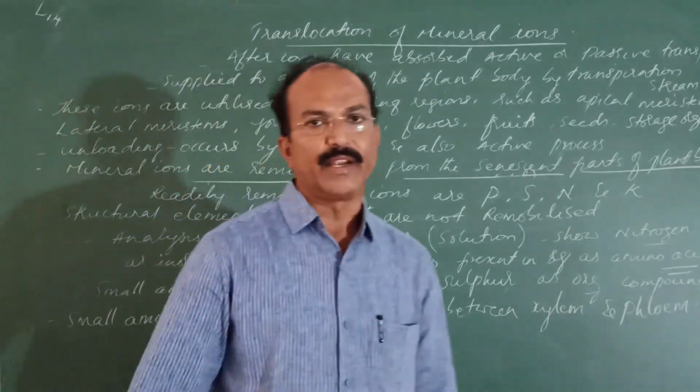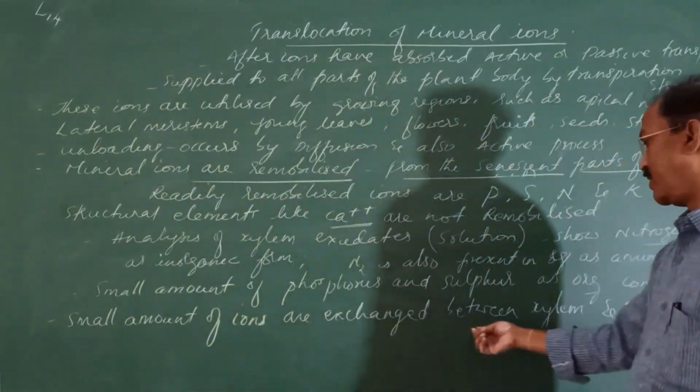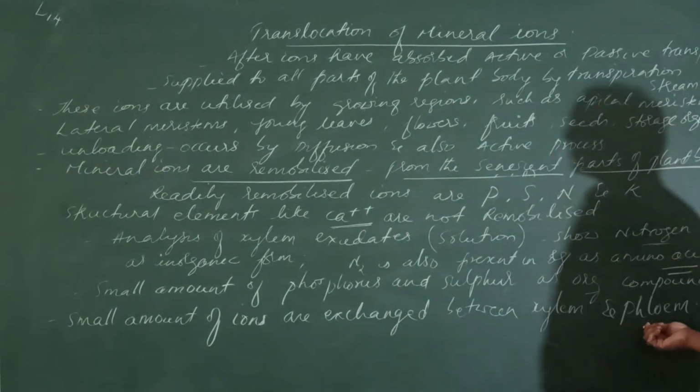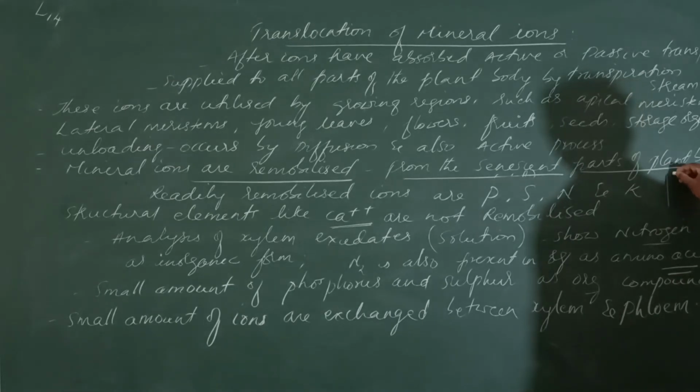That has been disproved. Why? Because they too exchange the required elements in small amounts between them, because the xylem is located side by side with the phloem. Some of the materials are exchanged between these two.